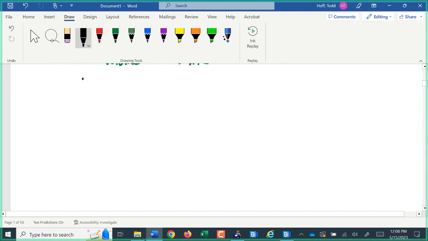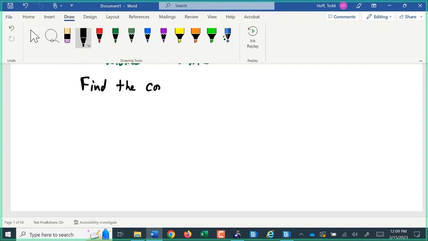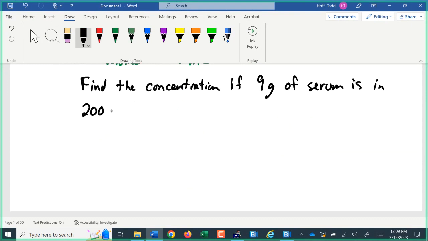So we might ask you to find the concentration if 9 grams of serum is in 200 milliliters of solution. I should say of weight and volume solution.